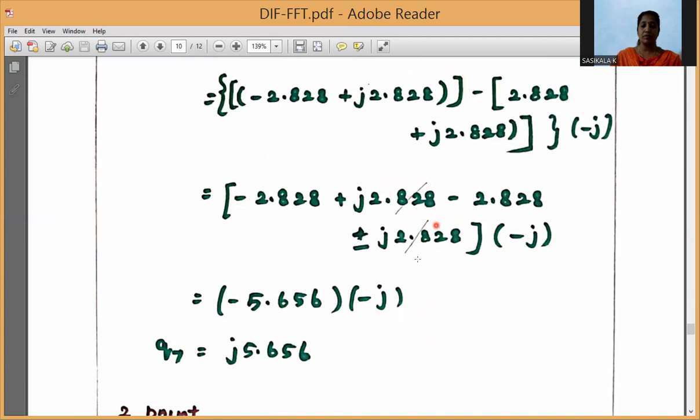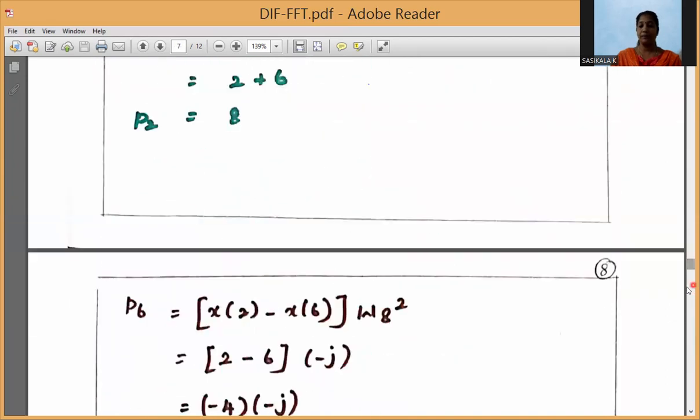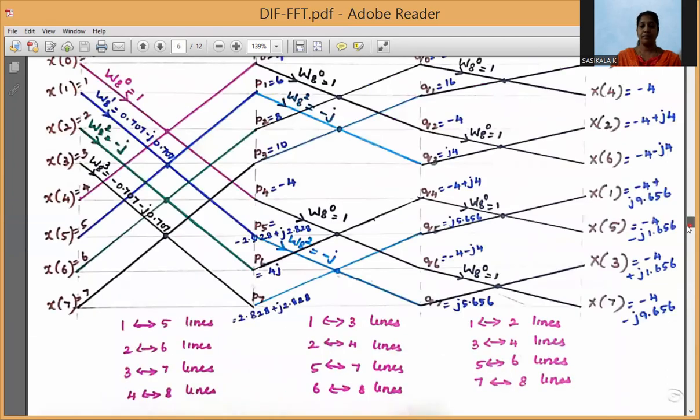The imaginary terms will get cancelled. These two real terms are in the same polarity, so you have to add them. Minus 2.828 minus 2.828 is minus 5.656 into minus j. So minus into minus becomes plus j5.656. So Q7's value is j5.656. So we need to substitute the values for Q5 and Q7.